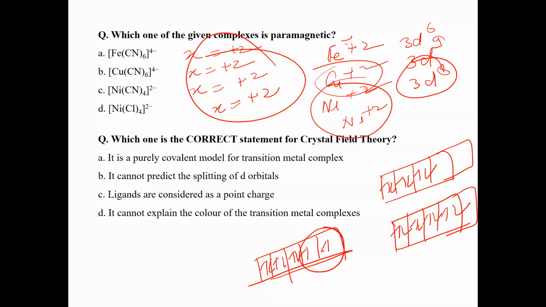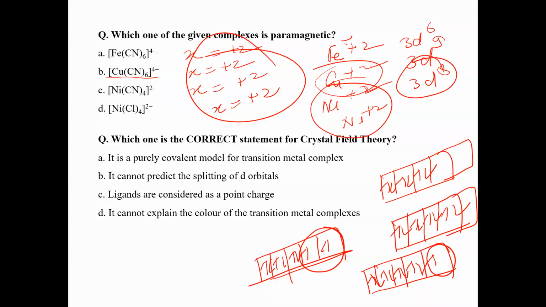So there are unpaired electrons, right? And in 3d9, this one, it will be 1, 2, 3, 4, 5, 6, 7, 8, and 9.